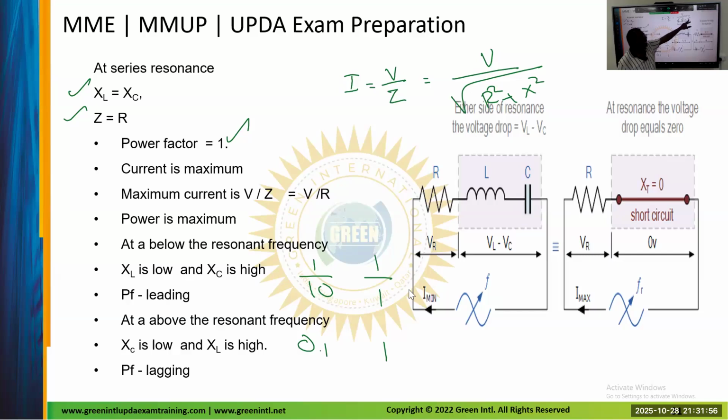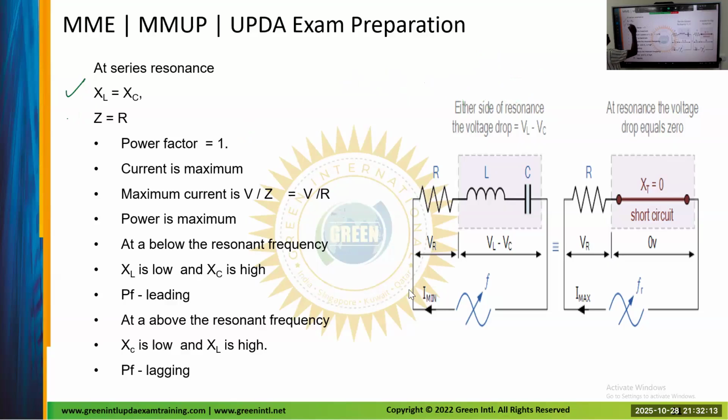That's why, as the impedance is reduced, the current increases. So that's why we say current is maximum. Z decreases, that's why current increases. At one particular point, reactance becomes 0, that's why the current is maximum.